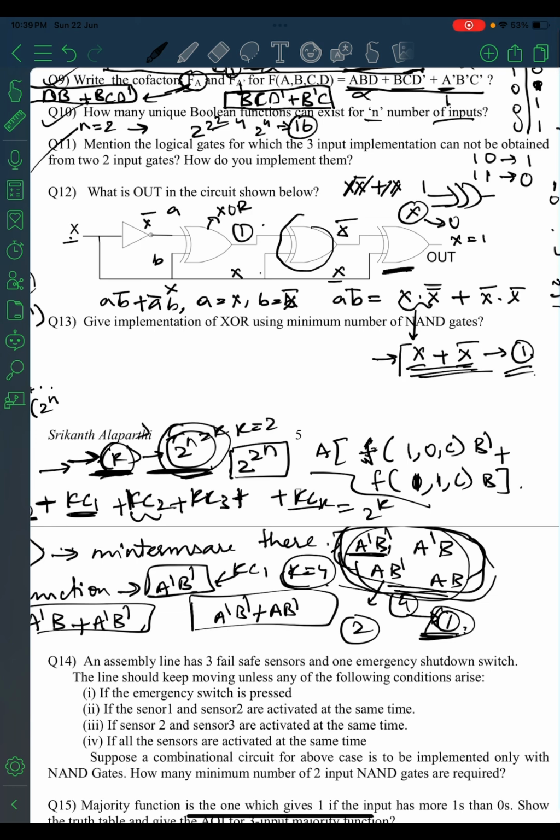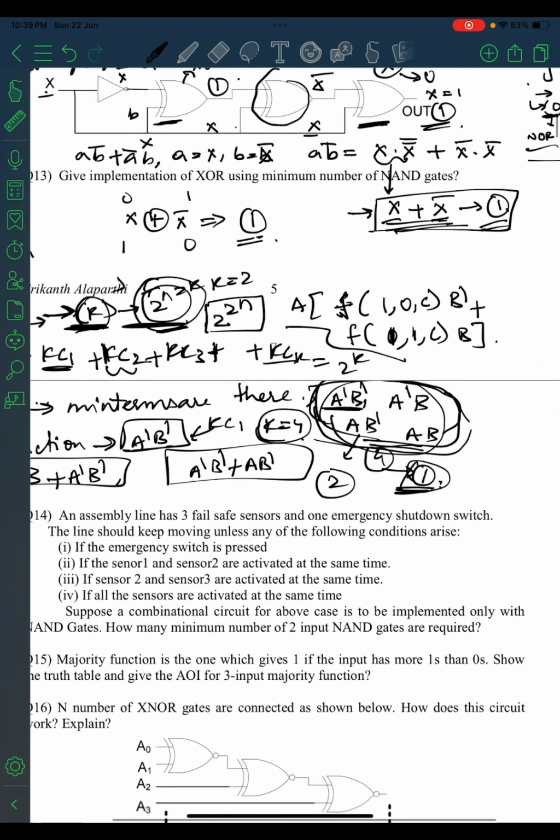So again this repeats, which is the case of this. The XOR of X and X bar: if one input is 1 the other is 0, and if it is 0 the other is 1. So in all the cases the output will be 1. It's always high. That is the output of the 12th question.